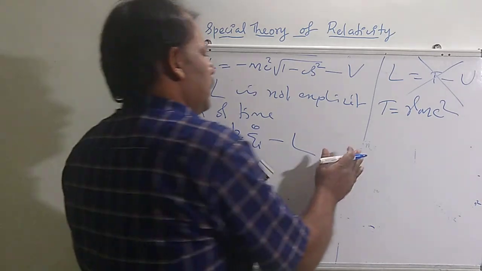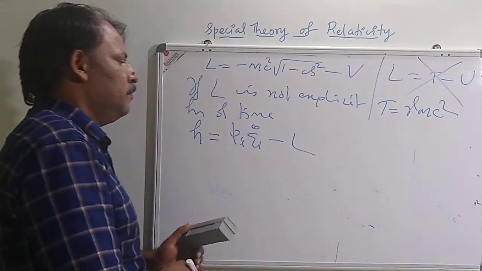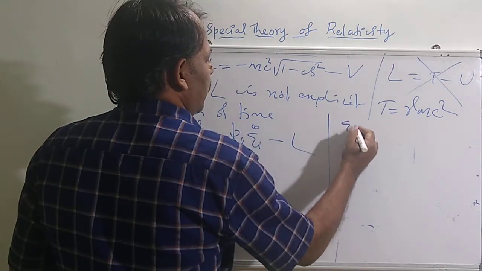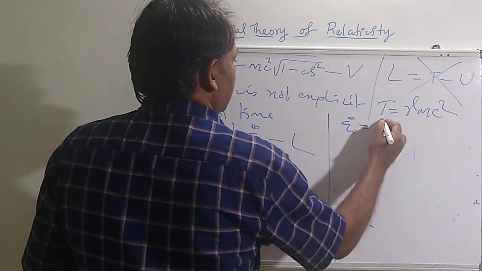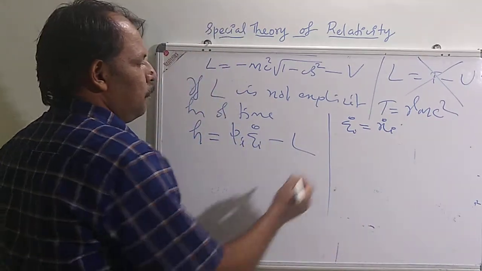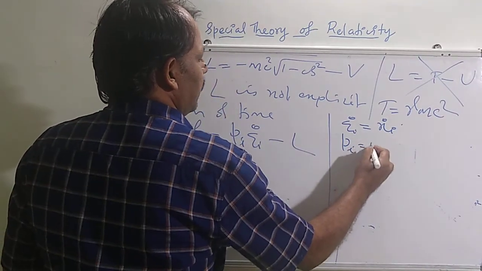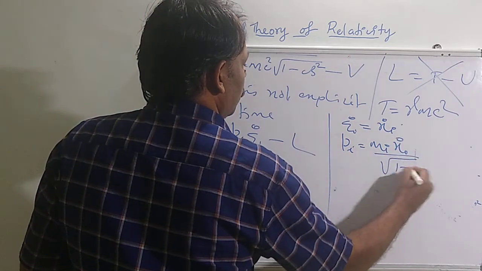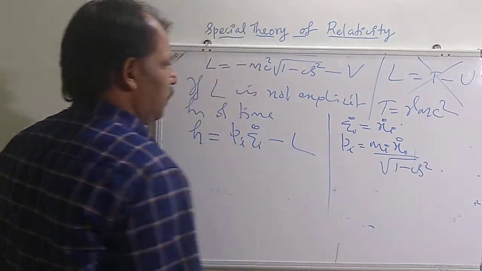We will find whether it is a constant of motion in this relativistic case. So q_i dot here is xi dot, and p_i is m_i xi dot by root of 1 minus beta square.